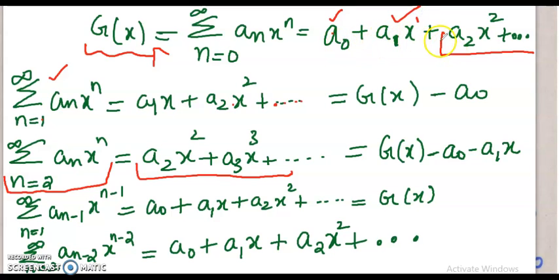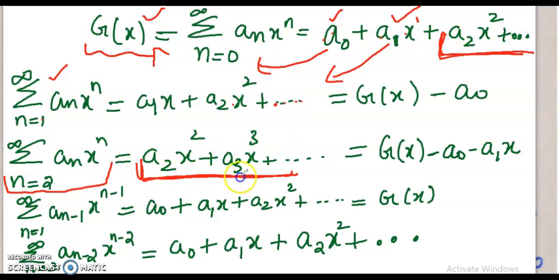a0 and a1x. So when you take a2 x square plus a3 x cube etc., you can take these two terms to the other side. So g of x minus a0 minus a1x is the value of this. Okay.